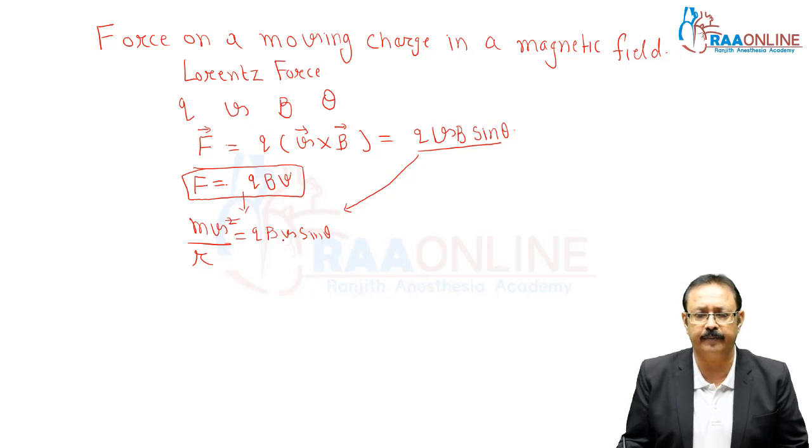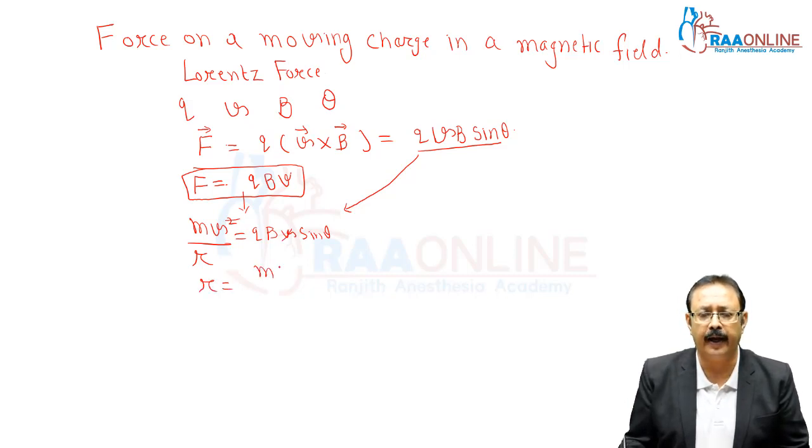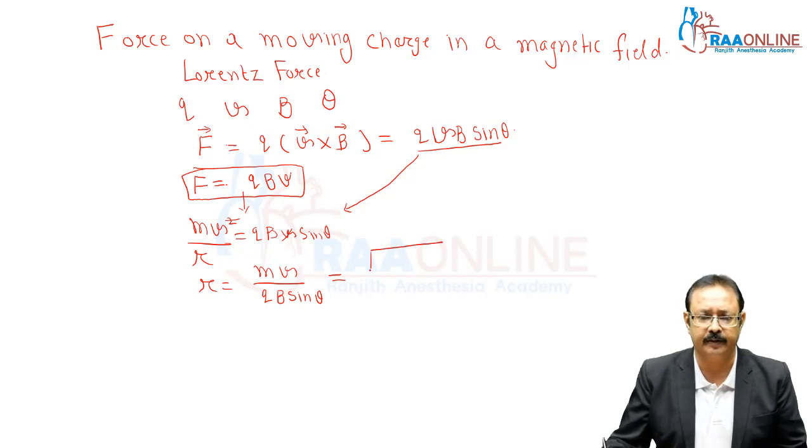Cancel one v. The radius you will get by the formula mv upon qB sine theta. mv is linear momentum, so you can write it in terms of energy as root of 2mE, where E is the kinetic energy.